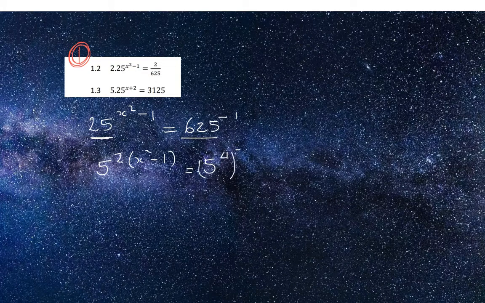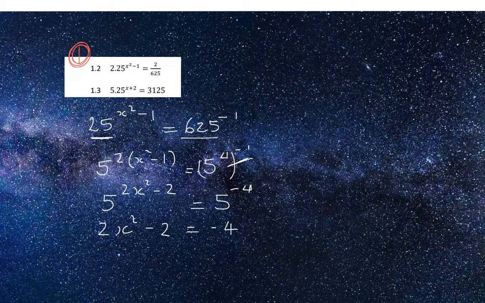I'm just going to do it only once, hoping that from exponents you have it in your little finger. Therefore, we have 5 to the power of 2x squared minus 2, we multiply it in, equals 5, we multiply the powers, to the power of minus 4. So what we can see is that we get that 2x squared minus 2 must be equal to minus 4.